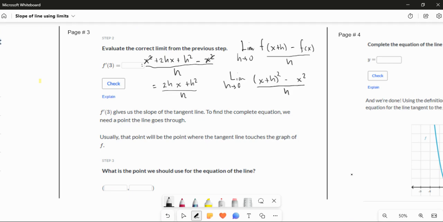I know h is dividing both terms, so I can simplify this h, and the remaining piece is equal to the limit as h approaches 0 of the new expression, 2x plus h.